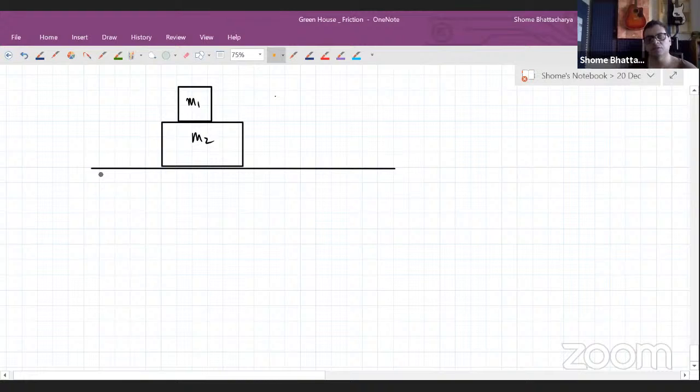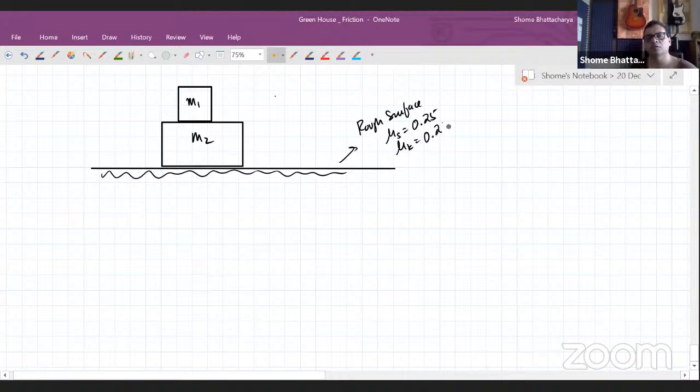This is M1, this is M2. Now this is a rough surface which has coefficient of static friction, suppose 0.25, but coefficient of kinetic friction 0.24. Okay. Whereas this one is a smooth surface. There's no friction between the two blocks. And initially they are at rest.